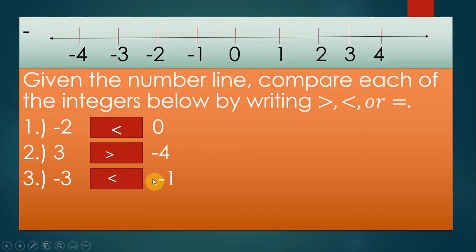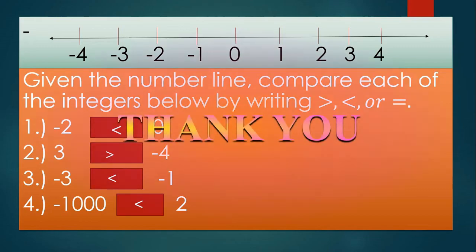Number 4. Negative 100 and positive 2. What is our symbol? The symbol is less than. So negative 100 is less than positive 2. Because obviously negative numbers are always less than positive numbers.